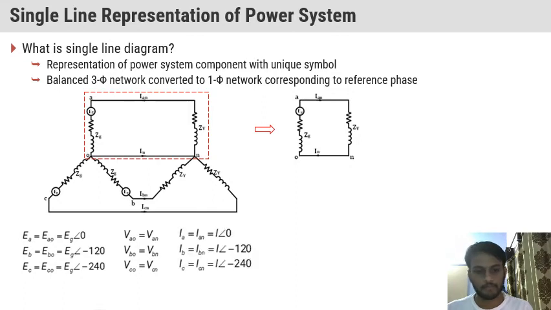Then we have the currents. IA is IAN, at an angle of 0 degrees. Then we have IB, which is IBN, and it is minus 120 degrees apart from the A phase.